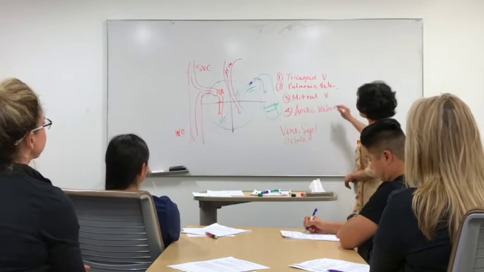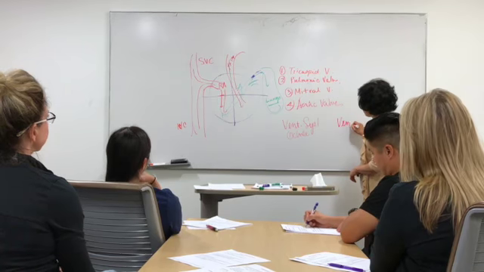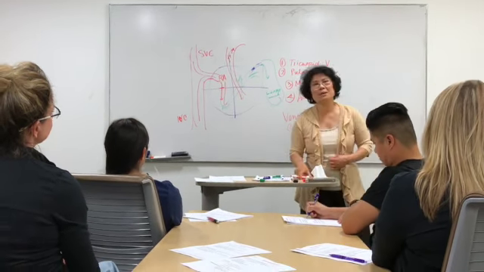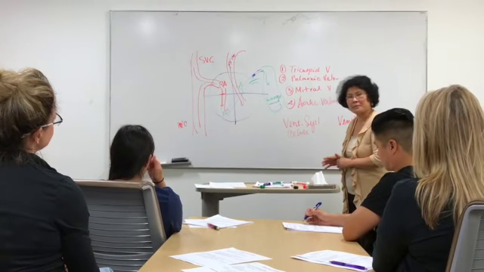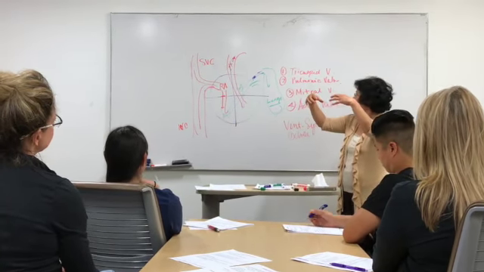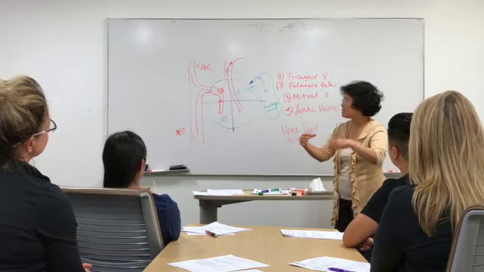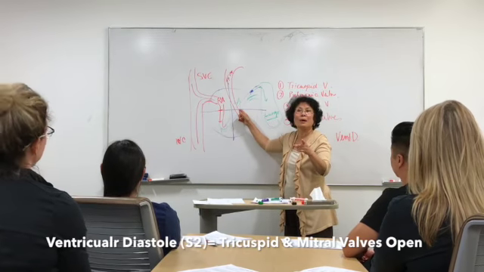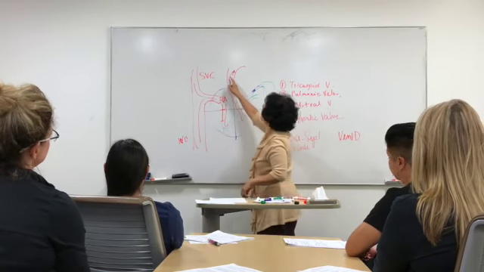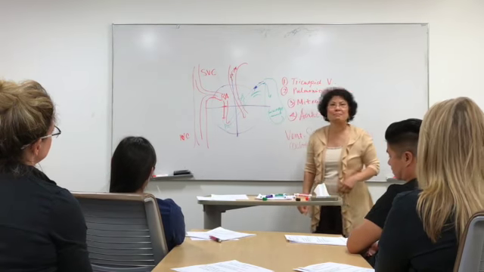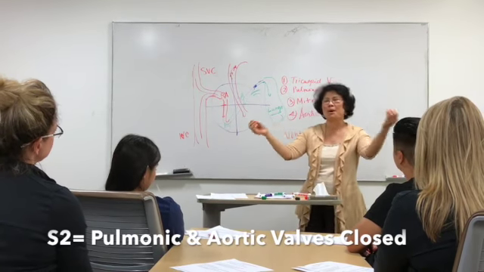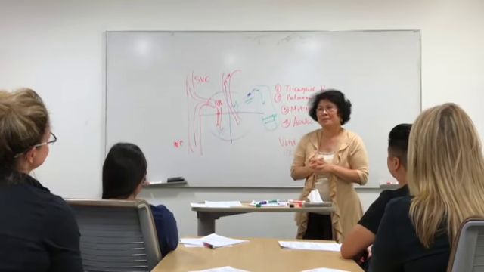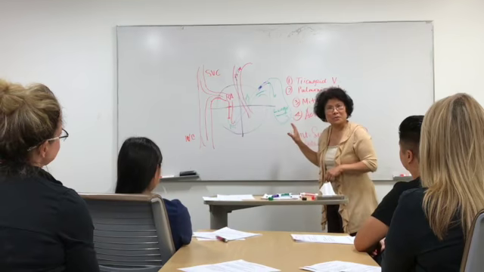At the same token, on ventricular diastole, which is ventricular filling, or what they call relaxation, though the heart never really relaxes, you want the tricuspid and mitral valves open, and the aortic and pulmonic valves closed, so there's no leaking and no regurgitation. Very good. So now we've got the picture.